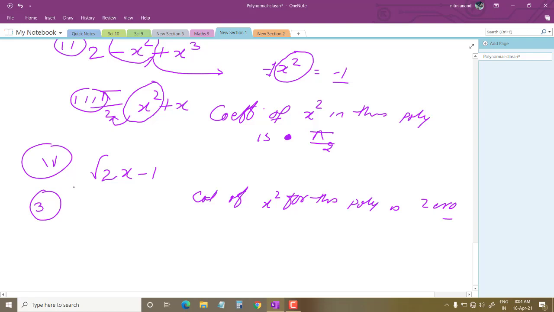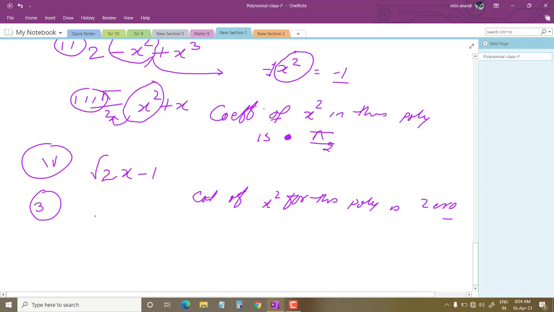Firstly, see what is binomial and what is monomial. A polynomial with only two terms is a binomial, and a polynomial with only one term is a monomial. Again we will see the degree. The highest power of the variable in a polynomial is known as the degree.